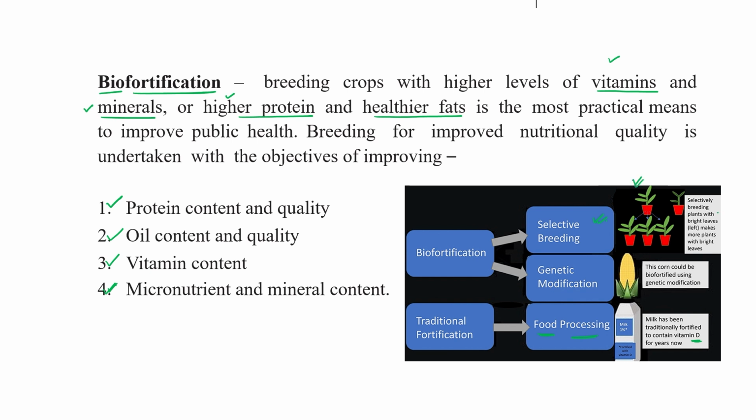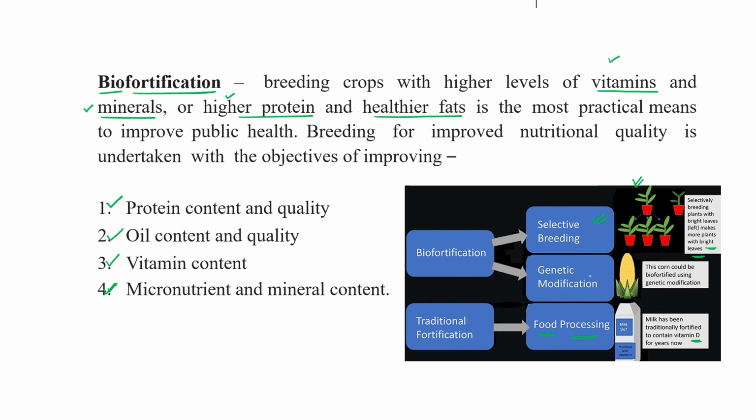So in selective breeding, plants with bright leaves make more plants with bright leaves. This is one way we can select more good plants which comparatively show healthier symptoms as compared to their counterparts, so that we can generate more healthy or more promising varieties.